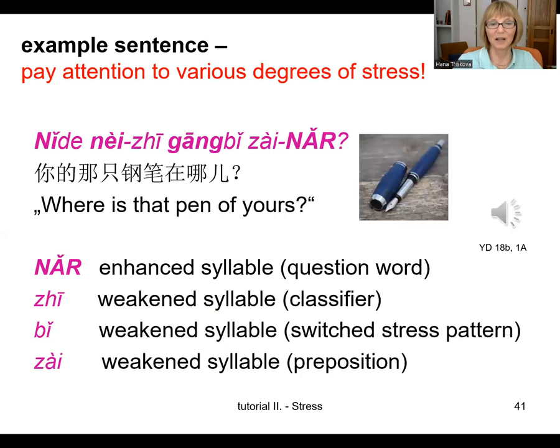It's enhanced. Why? Because it's a question word. It's a very important word in this utterance. Then 支 is a weakened syllable. Why? Because this is just a classifier and it does not deserve to be pronounced fully or even stressed. Then 笔 is also a weakened syllable.